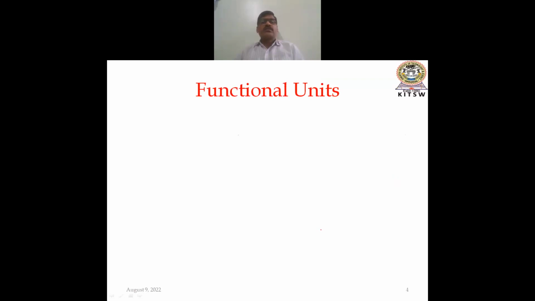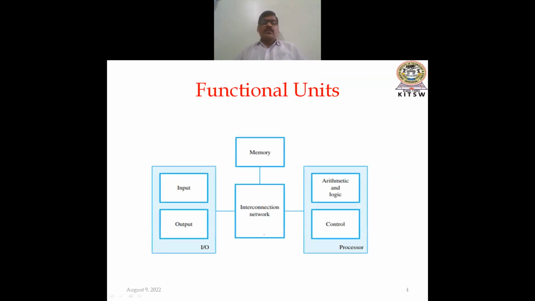So the functional units of a computer are basically the IO devices, that is input output devices, and memory, and the arithmetic and logic unit, which we are calling ALU, and then the control unit.